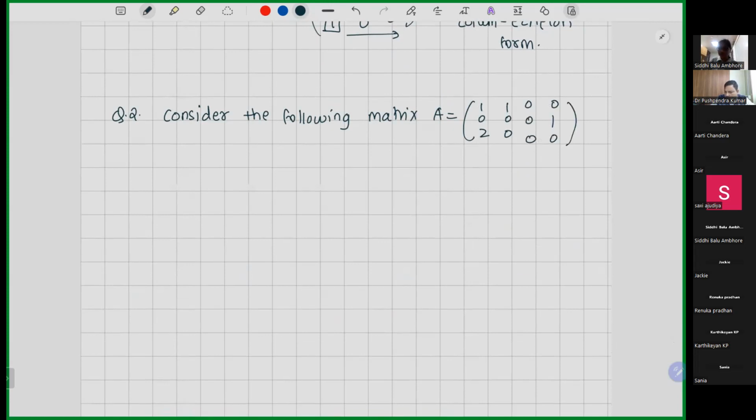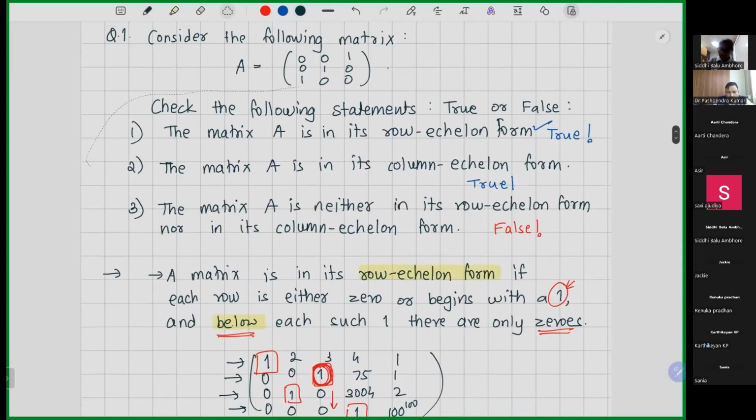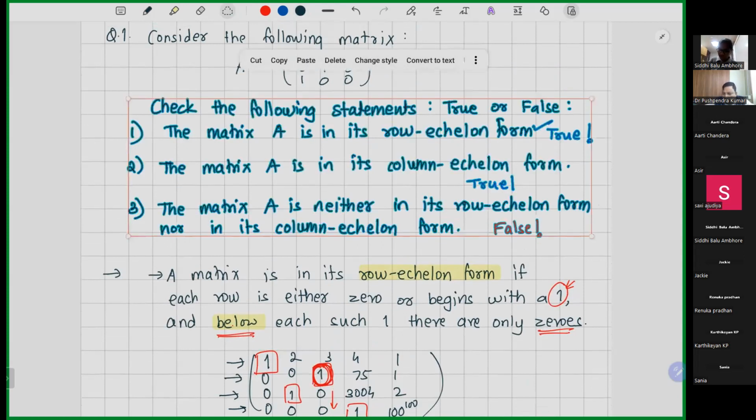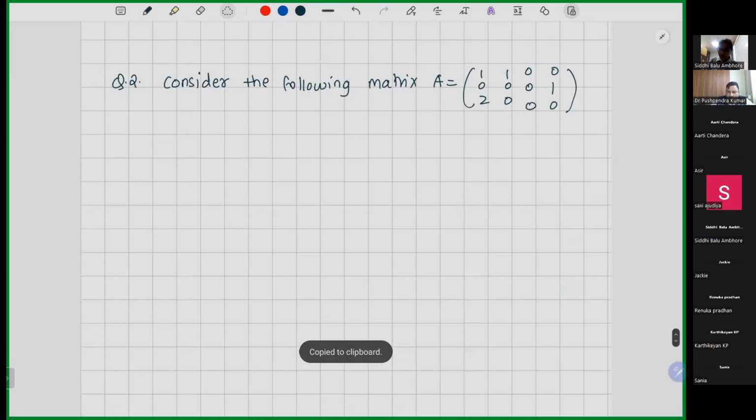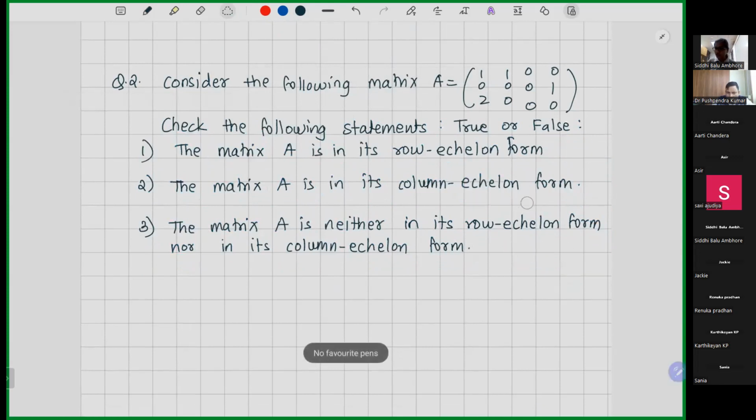This is my matrix, and again I have to check these conditions. Let me just copy them. We have to check these four conditions, whether they are true, false, or what it is.